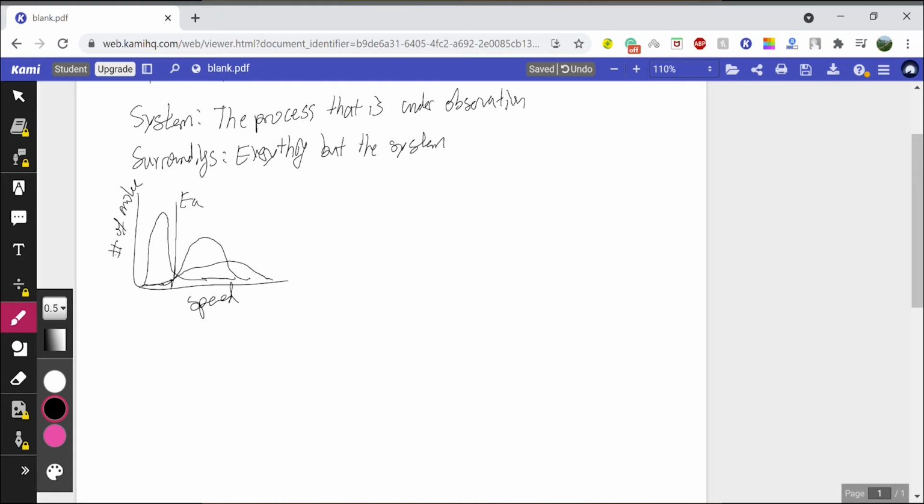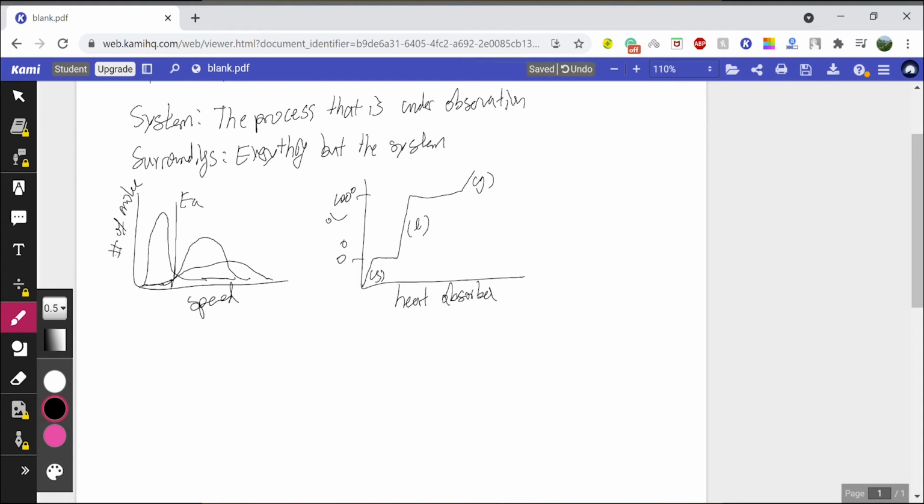Alright, and then let's look at a heating curve. Let's take water for example. We have solid, and then this is liquid, and this is gas, and this is at 0 degrees, this is at 100 degrees. Over here is heat absorbed, and over here is degrees in Celsius.